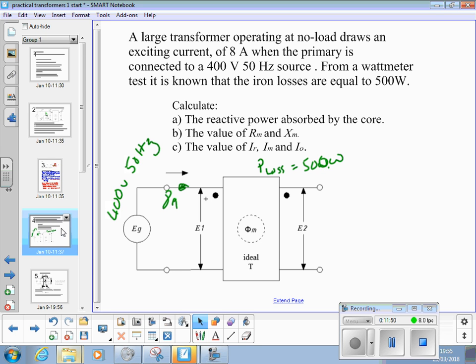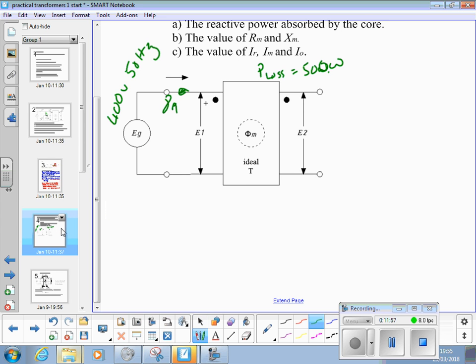Okay, so where are we going to start? A. Reactive power absorbed by the core. What can we calculate with what we know? What I'm going to do on the diagram is just add these representations of R2 losses.